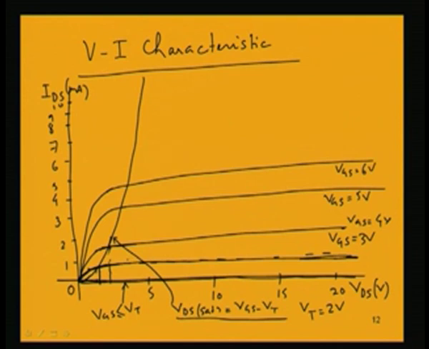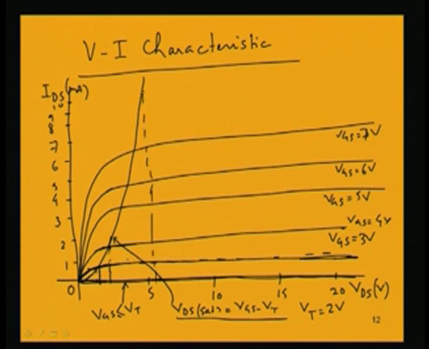Now finally say when VGS is equal to 8, then you have 6 volt as the saturation and the current is say 10.